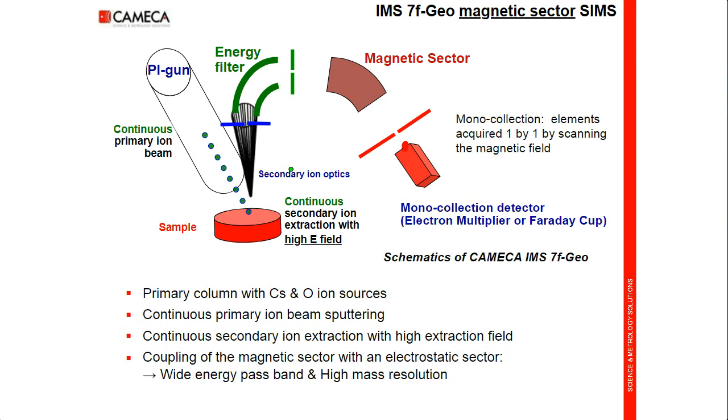This type of mass spectrometer can separate most interfering species using high mass resolution conditions while keeping a wide energy passband. The IMS 7f-GEO works in monocollection mode, secondary ions being acquired one by one by scanning the magnetic field as shown here. Both electromultiplier and Faraday cup detectors are available.